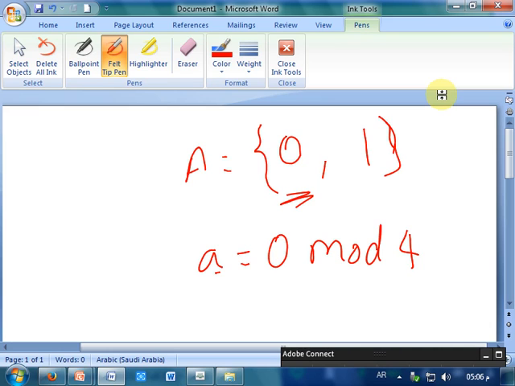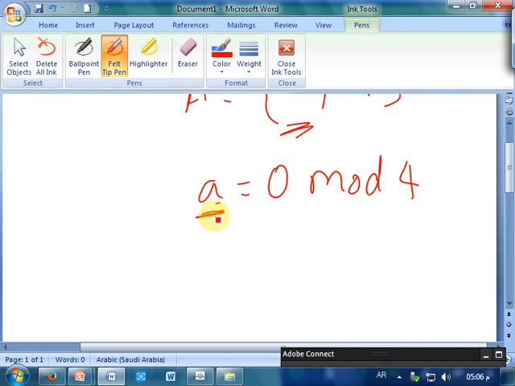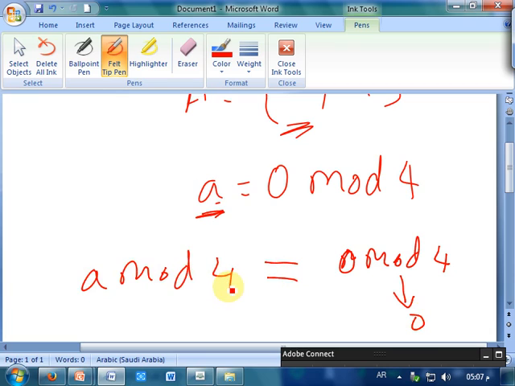You have to find this a. Now 0 mod 4 is 0, right? Now you have to find a mod 4, all the elements a which will give 0.